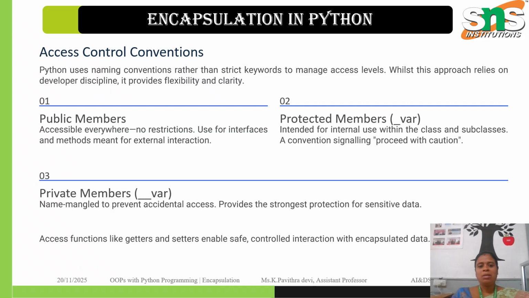Private members are accessible only inside the class, and a double underscore prefix is used, for example self.__salary. Then there is an example of encapsulation in Python using the three members: public, protected and private members.